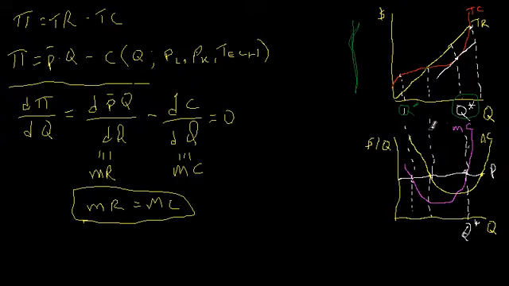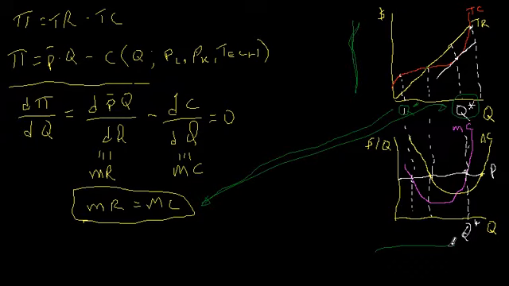This output Q star corresponds to this rule being true where marginal cost equals marginal revenue. It also corresponds to the output where profit is minimized also corresponds to this rule being true, marginal cost equals marginal revenue. That was the output we called Q prime.